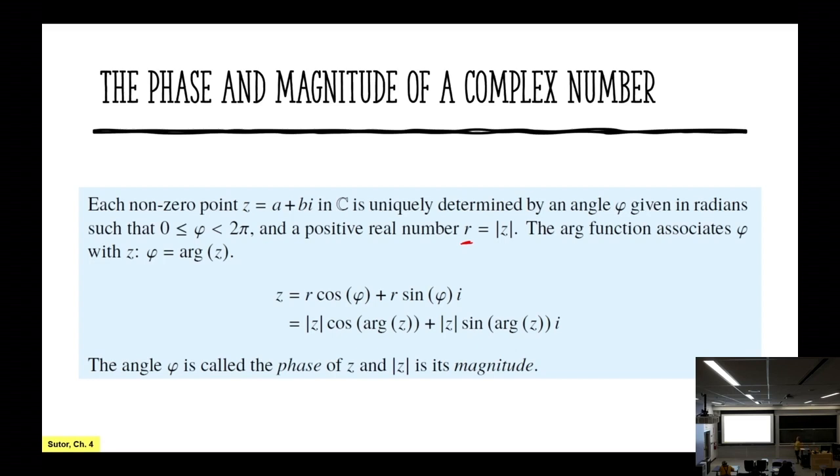You can take the argument of the function that associates the angle with z, and this allows us to get the complex number expressed in terms of a phase, that's our angle, and a magnitude. And the reason to introduce this terminology is that the concept of the angle being related to the phase is really important in our quantum information. So we'll come back to that type of language down the road.